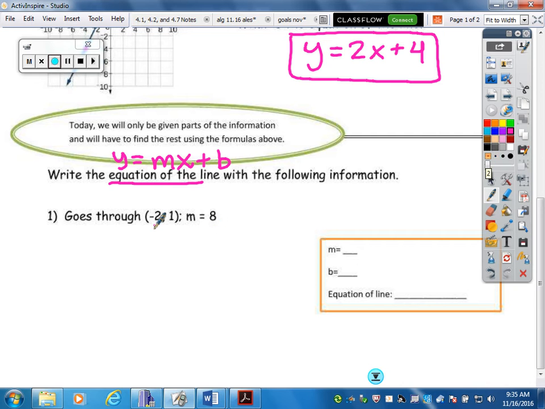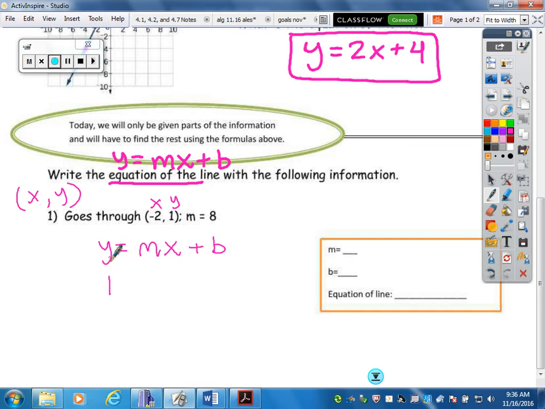So this point, that -2 is my x value, and the 1 is my y value, because all points are in the form x comma y. That's how I know that. So let's rewrite slope-intercept form here and plug in all the information we know. y equals mx plus b. Well, I know that y is the value 1.